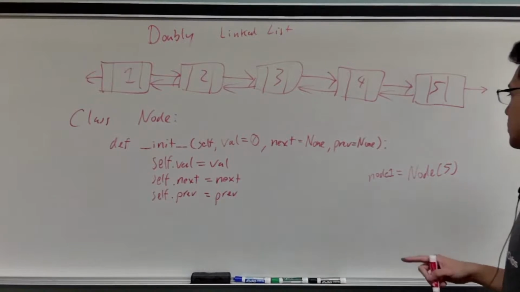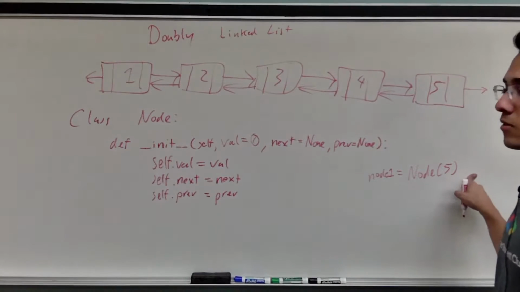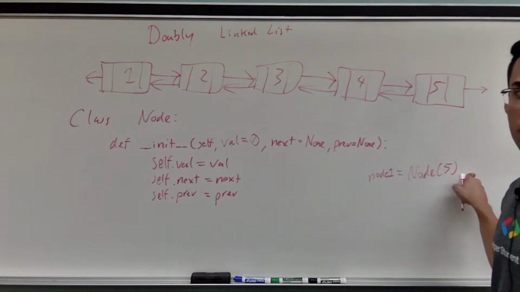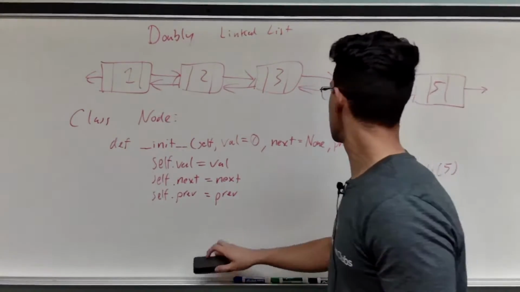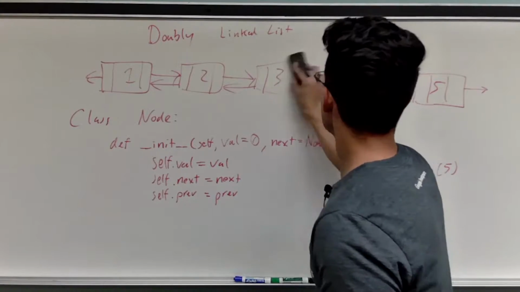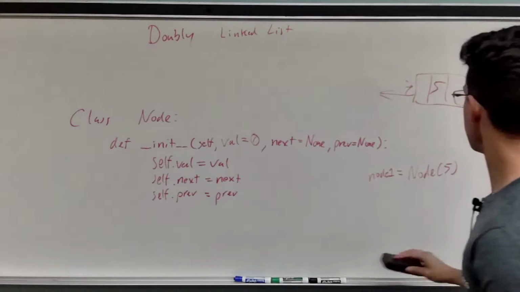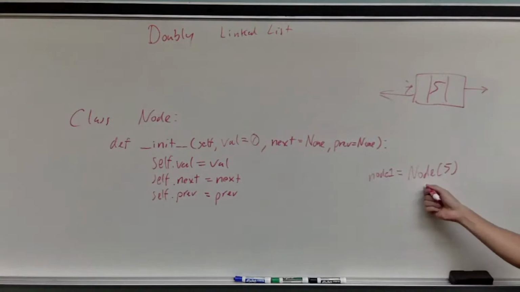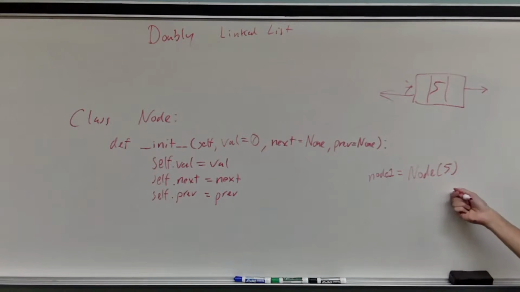So basically, it made the next one None and the prev None because I didn't put them in the constructor. It gives me a node with value 5. So I didn't put next and prev, it's None, None.